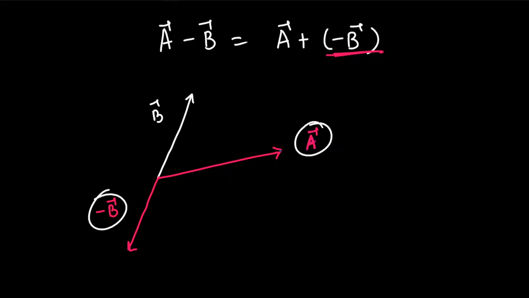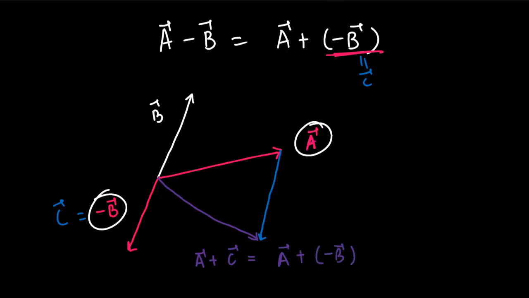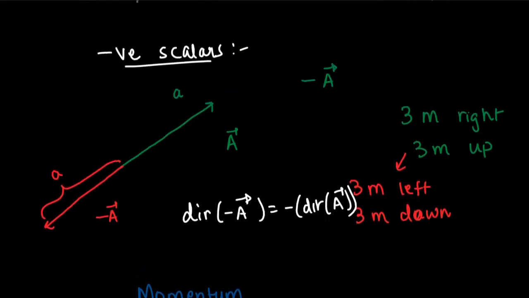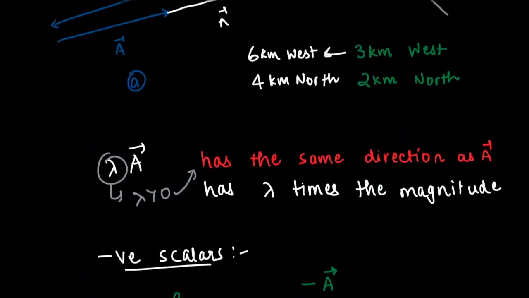Let's just consider this to be vector C. So now you need to add vector A and vector C. You just align the tail of C with the head of A, and now you join the tail of A and the head of C, and the resultant that you get in that process is vector A plus vector C, which is equal to vector A plus negative of vector B, and which is the same as vector A minus vector B.